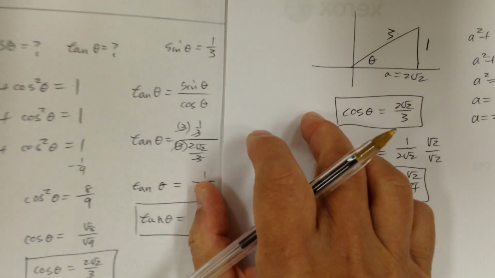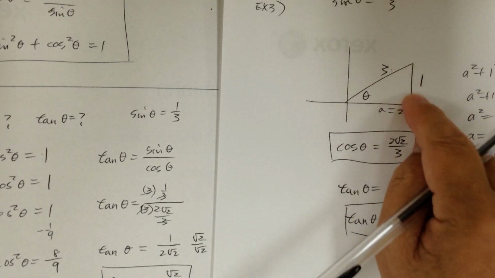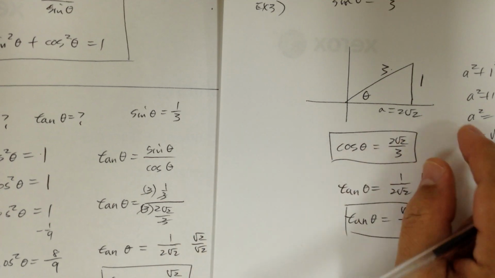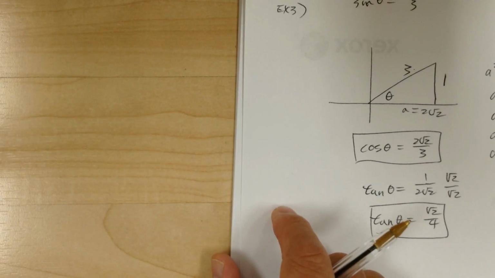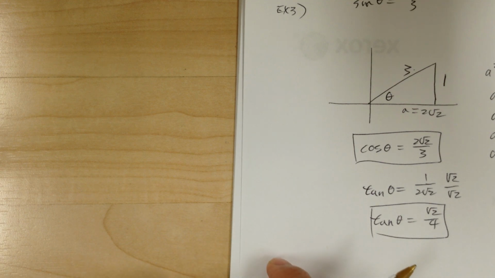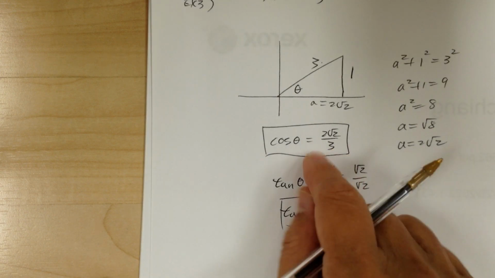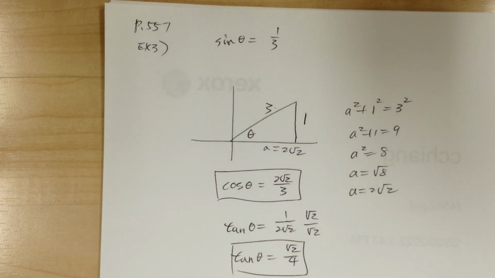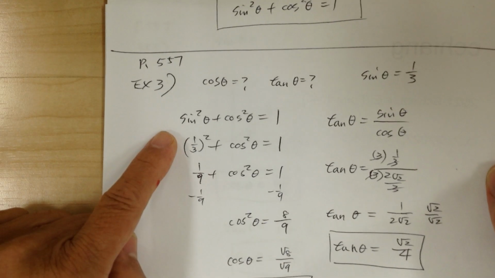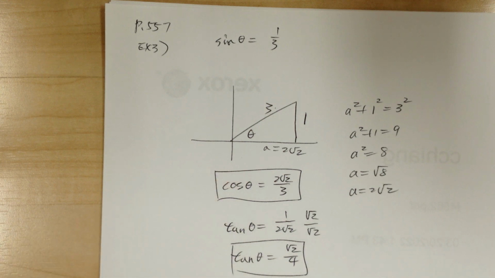So it helps if you know your definition and use the definition to draw your triangle, and it's much quicker than doing this. Okay, so again, this is solution 1, and this is solution 2.